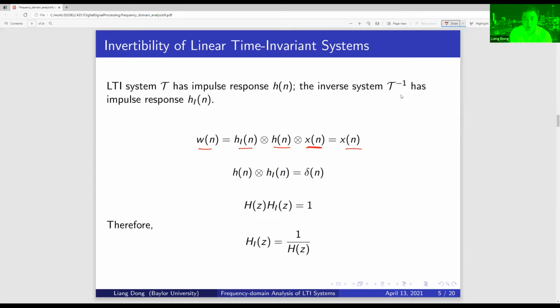Now with convolution, we can associate these two convolutions together. Therefore, these two give me a combined system, that is the delta function, delta n. In the z domain, we have already seen that capital H(z) times capital H sub I(z) equals 1. That gives me an identity system. Therefore, H sub I is the inverse, 1 over capital H(z).